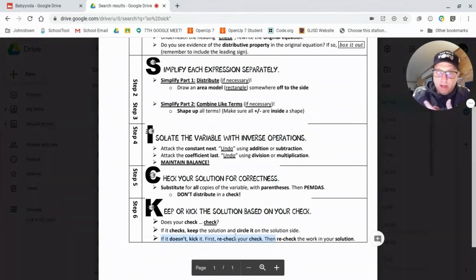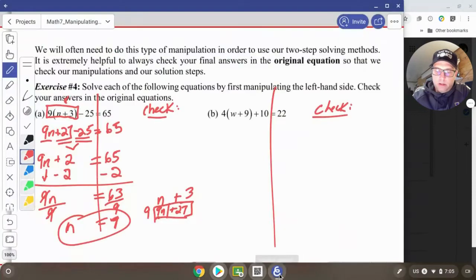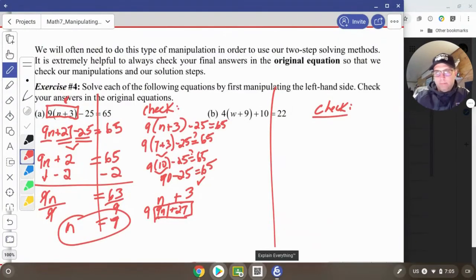So first, recheck your check. Then, if the work in your check looks good, recheck the work in your solution. It does get a little bit sketchy if the check doesn't check, but I think we're good. So at this point, I should be circling n equals 7, even though I did it earlier. I got really excited and circled it too soon. All right, let's go to B.